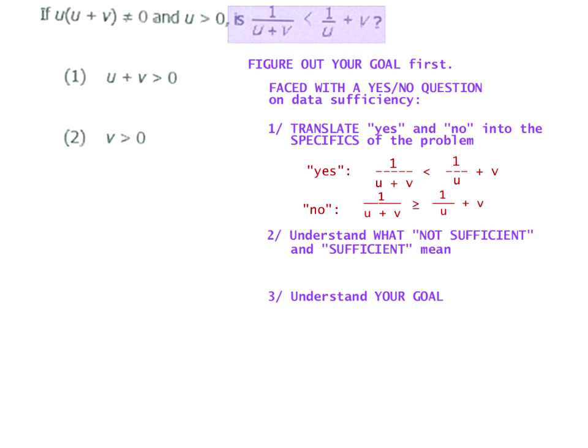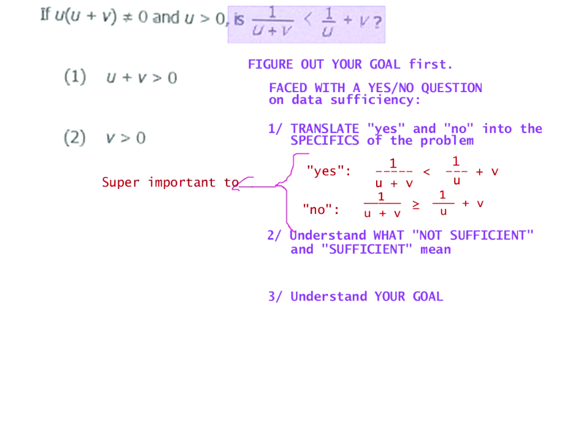This is a crucial step, because the reason a lot of people find this stuff hard is because they're still thinking in terms of the word yes and the word no. And it's really important not to think in those terms, because yes and no are not mathematical concepts. You can't do math in a problem and get the word yes or no out of it.